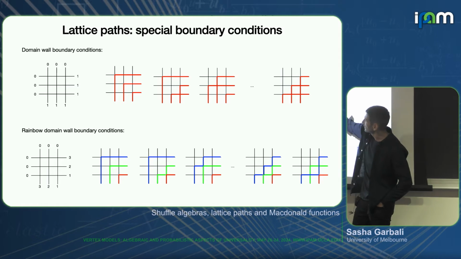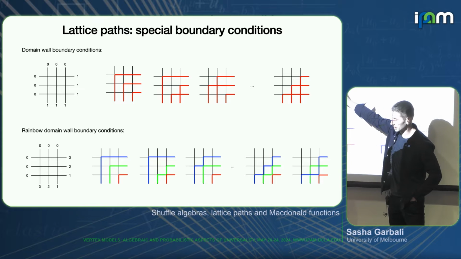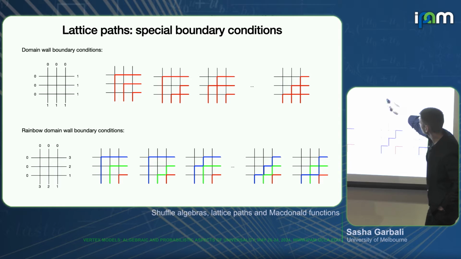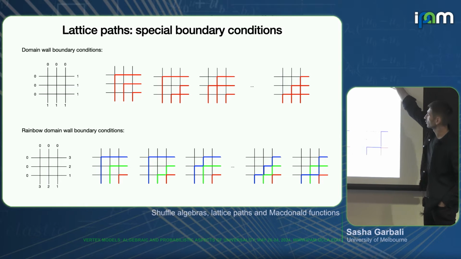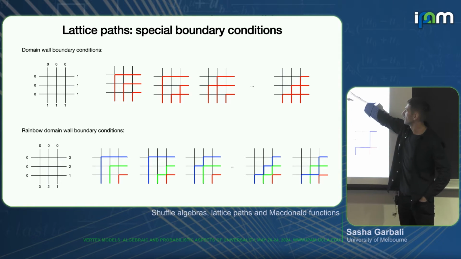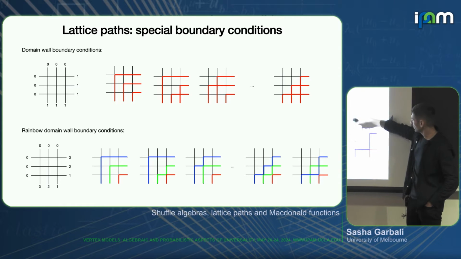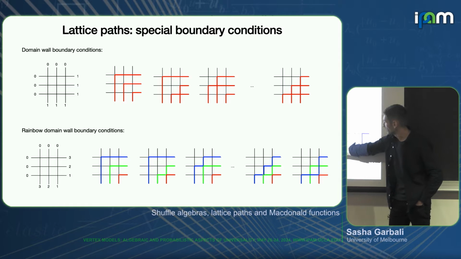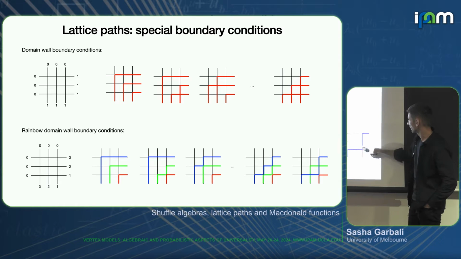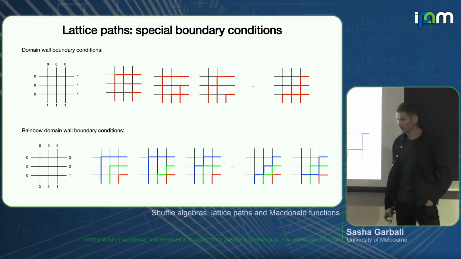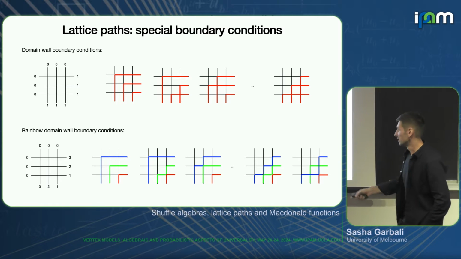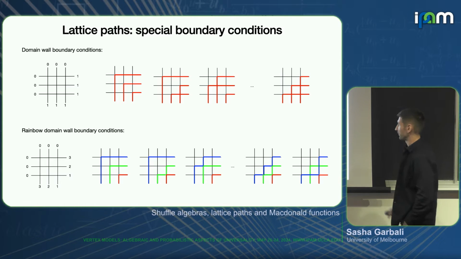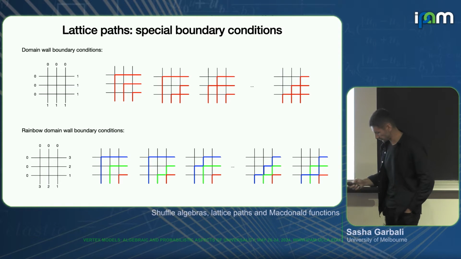If you want to color these paths, make them all different colors, you will find a bijection between these particular configurations. But if you try to color this configuration, blue, green, and red, you will find that there are 2 possibilities. Blue can go like this, but it can also exchange with the green. So this is just saying that the rainbow configuration is a little bit richer than a single color configuration.